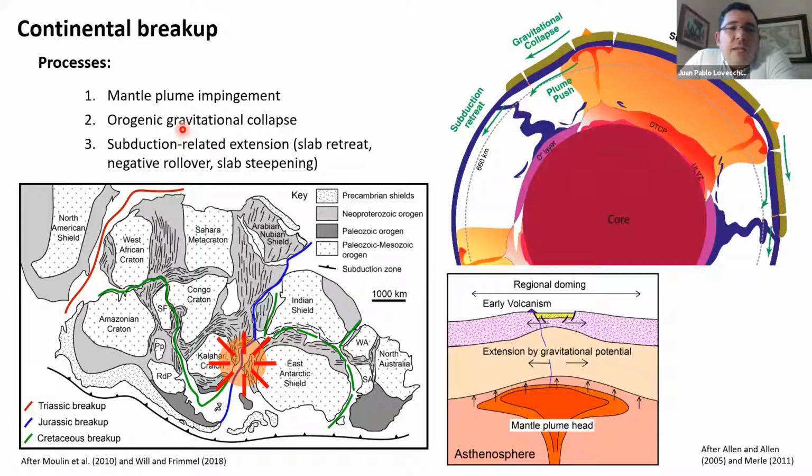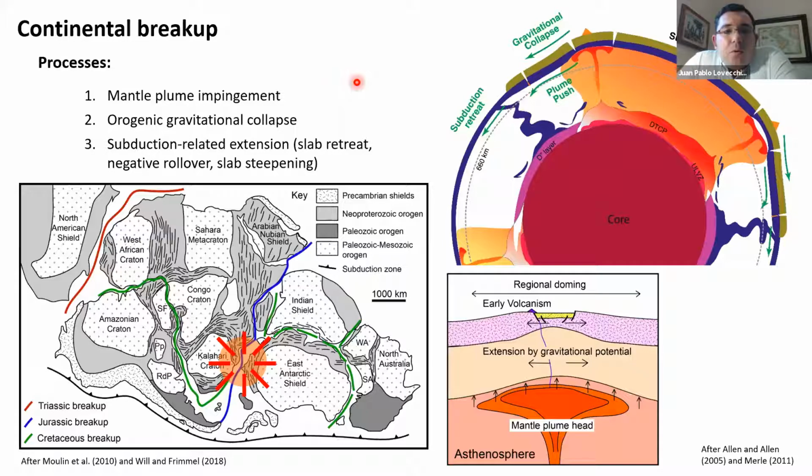And finally, all the subduction-related processes that can produce extension in the retroarc, in particular associated with slab retreat, negative rollover, or slab steepening. We are always talking here about the behavior of the subducting plate, which we call slab, below the supercontinent.